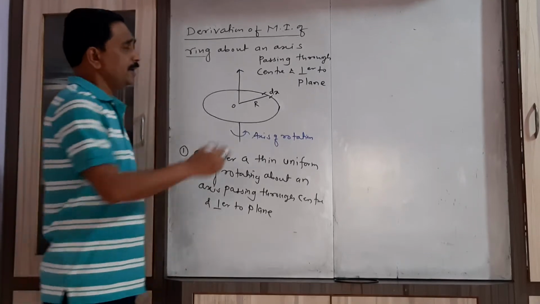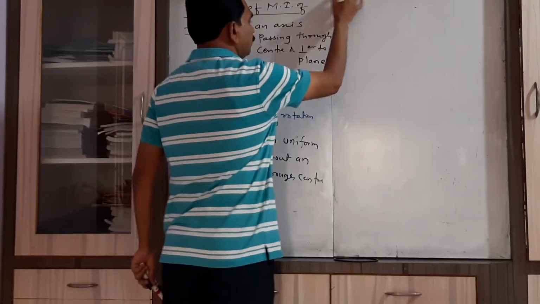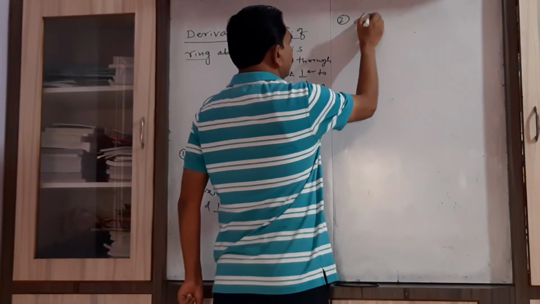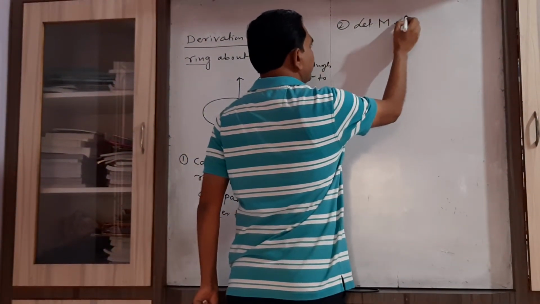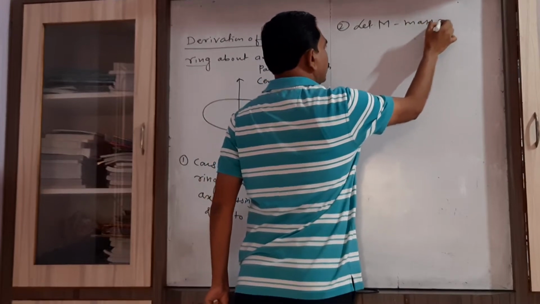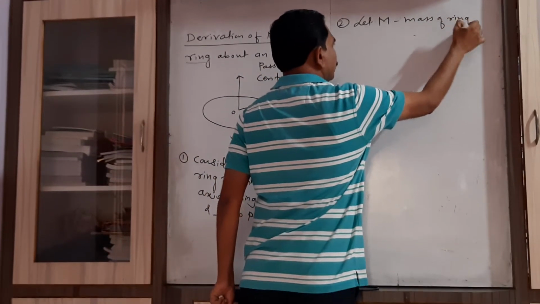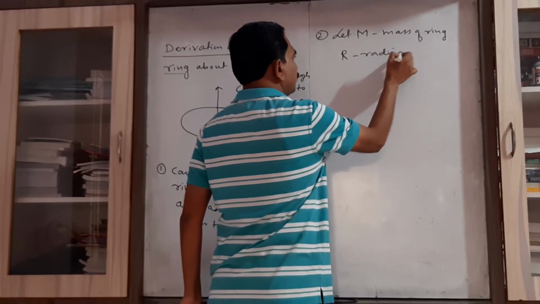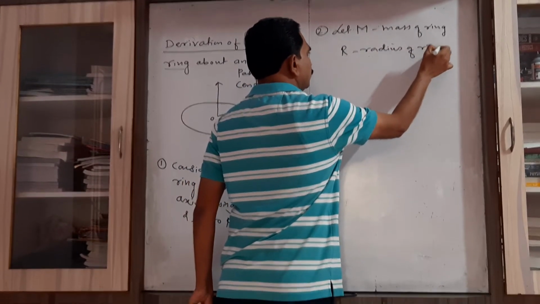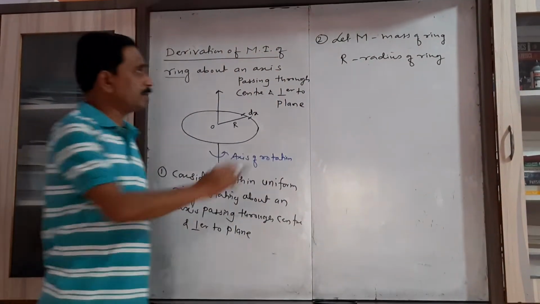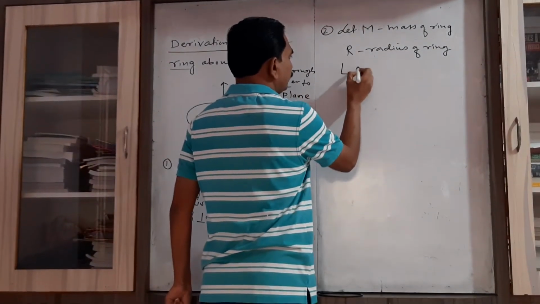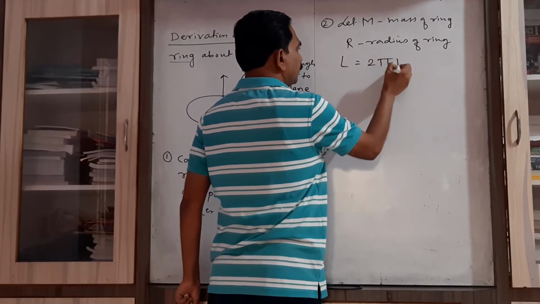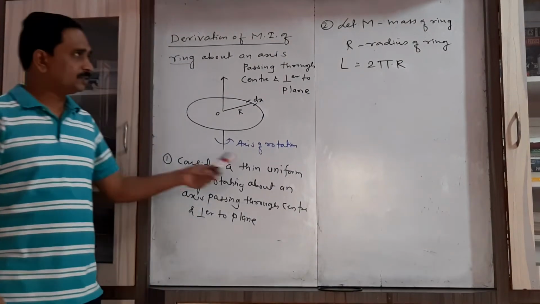That is our first point of consideration. Now secondly, you have to consider the parameters of that ring. Let capital M be the mass of the ring and capital R the radius of the ring. Now consider the length of that ring. All of you know that the length of a circular object is nothing but the circumference.